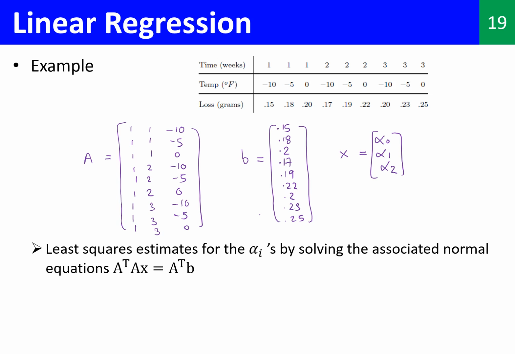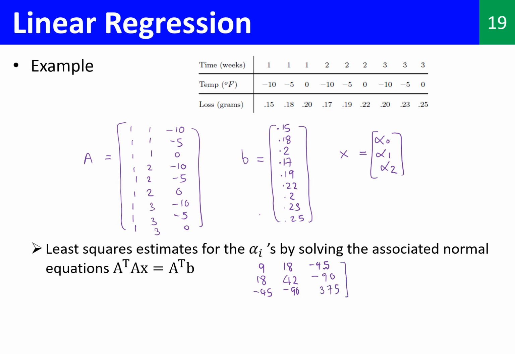So that would give us 9, 18, minus 45. So please work this out and find these matrices by yourself. And then we have 18, 42, minus 90, minus 45, minus 90 and 375.